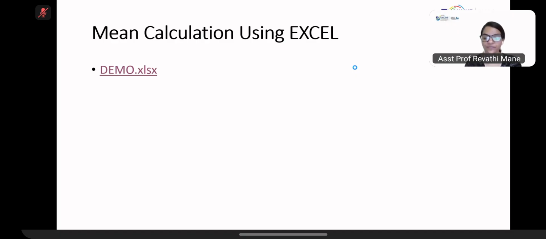So you can see average is equal to, you have to select the numbers. So our numbers are from 25, 30 to 35. That will be B2 to B6 cells. So if you complete the formula like this, you will get the average, which is nothing but the mean or average or even arithmetic mean. Okay.